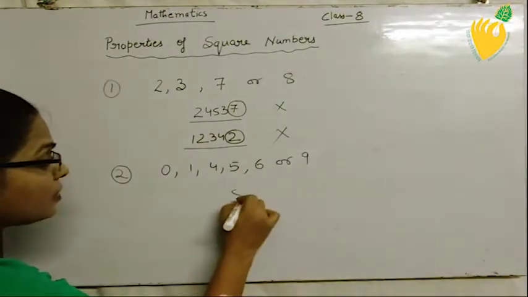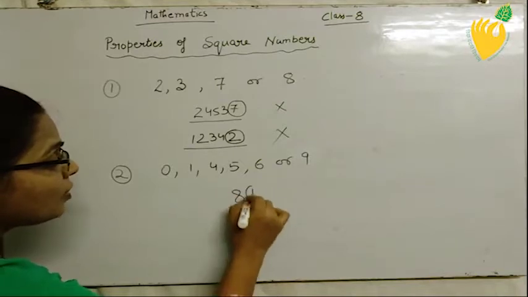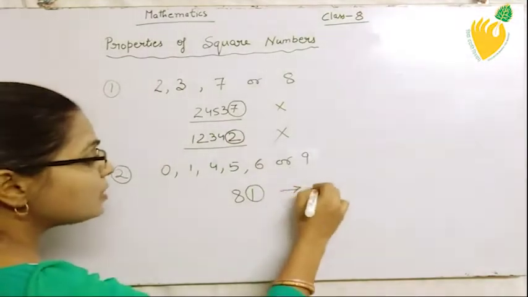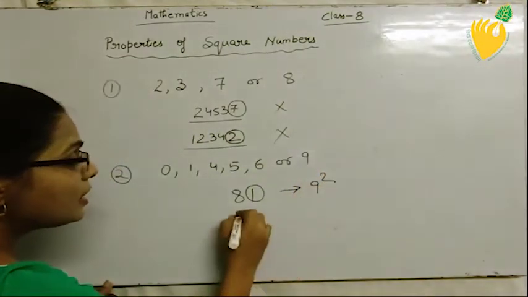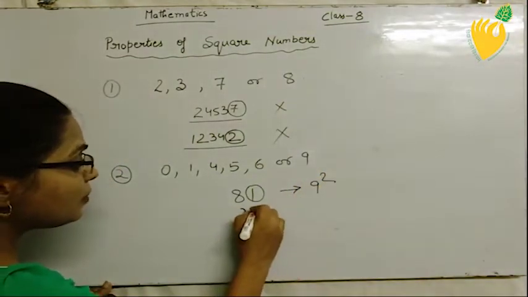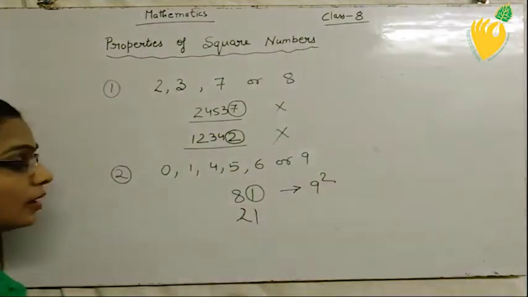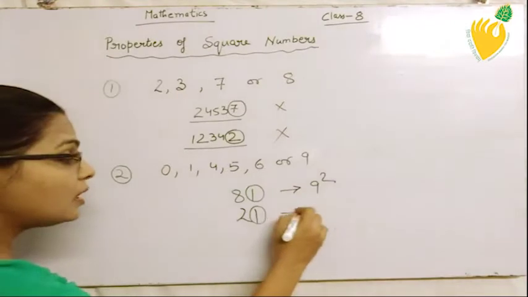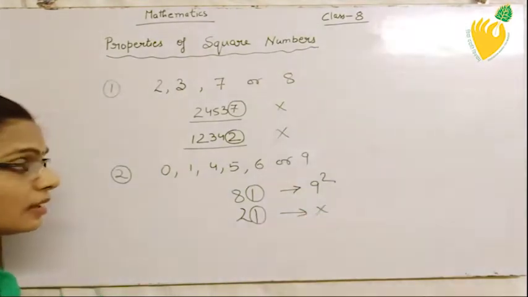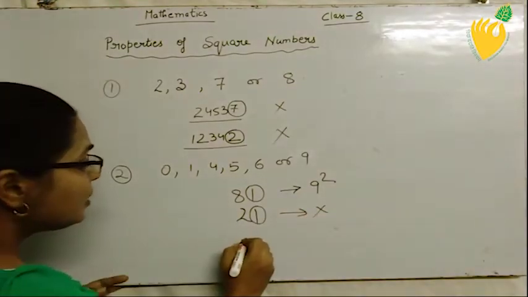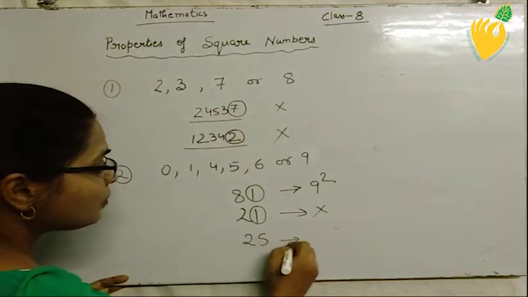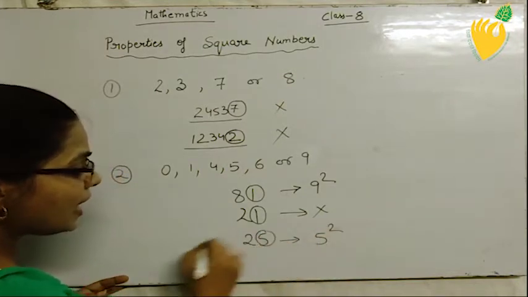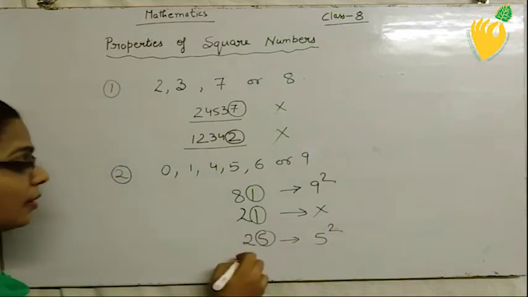Let's see a few examples, students. 81. What is the digit at the unit place? It is 1, and 81 is the square of 9. Similarly, if we take one more example, 21, the digit at the unit place is again 1, but it is not a perfect square, isn't it? Similarly, 25 is a perfect square of 5 because the digit at the unit place is 5.